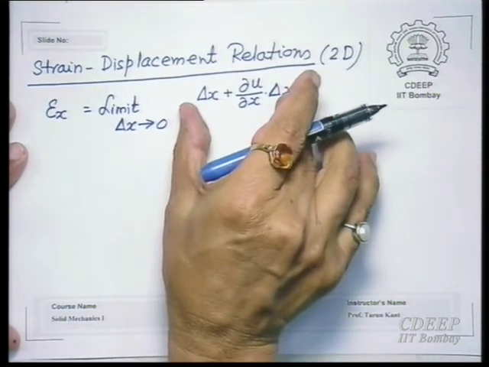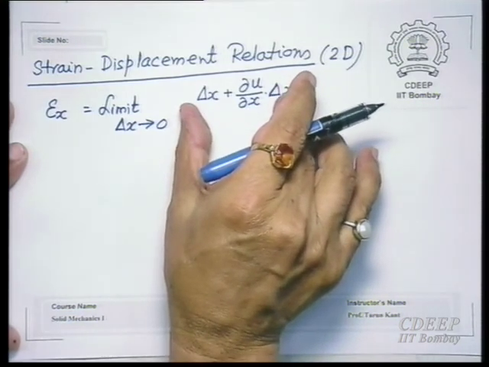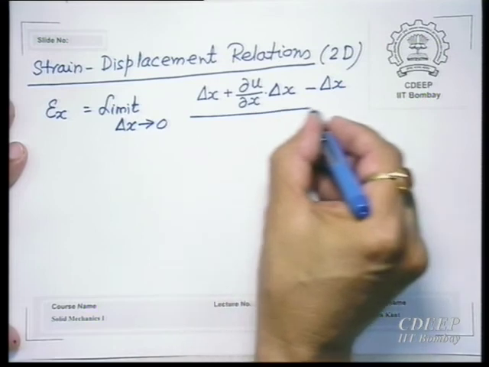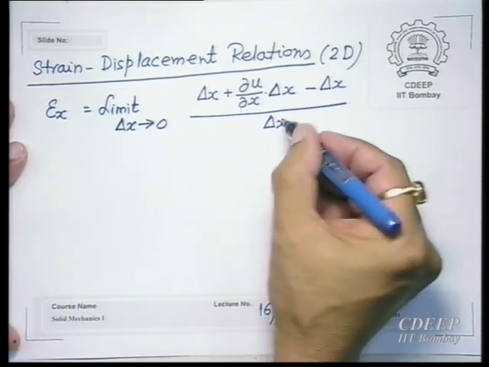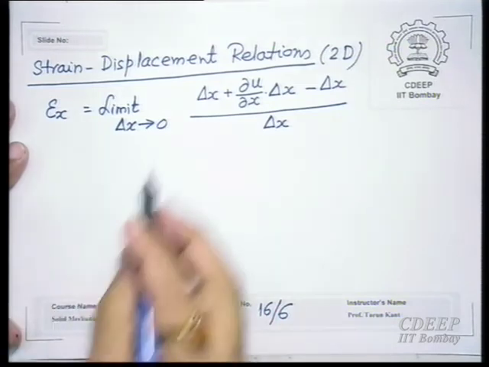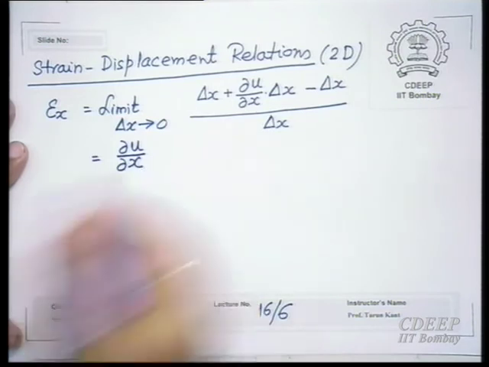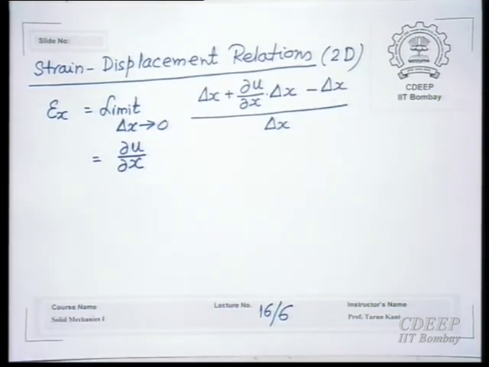So this is a dash b dash, minus AB, which is delta x, divided by delta x. This comes out to be du by dx. So the normal strain in x direction at point A is given by the rate of change of u with respect to x, du by dx. If the displacement of that point is u, it can be found by taking du by dx.